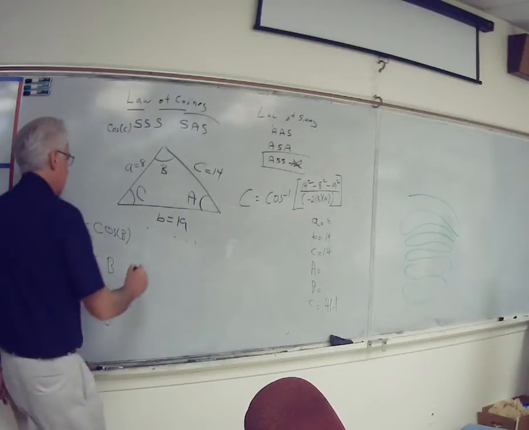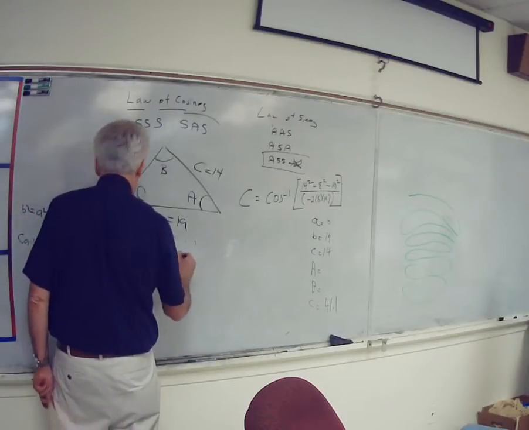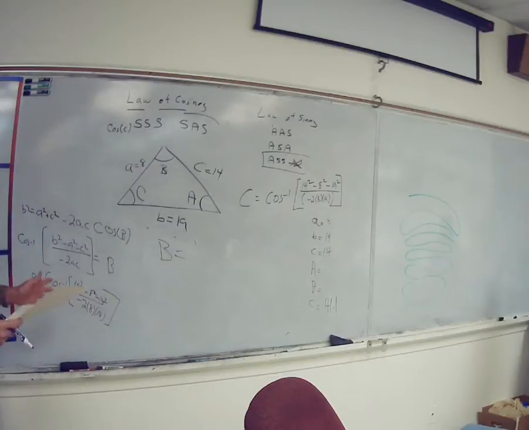Who is our friend at this point? The calculator. Okay, so what do you get for B?